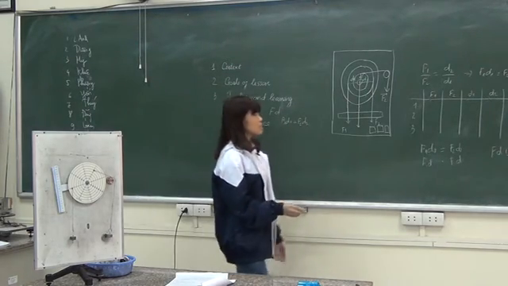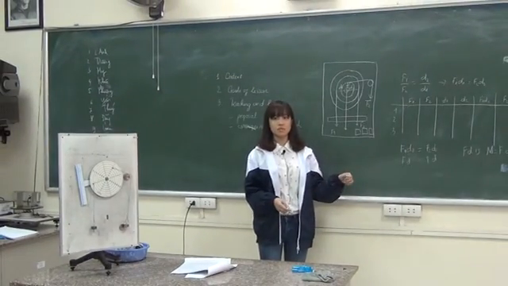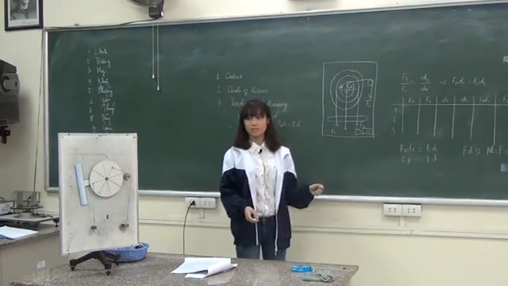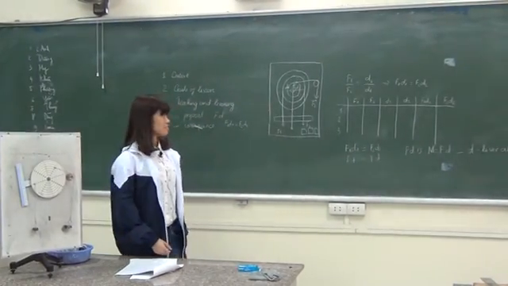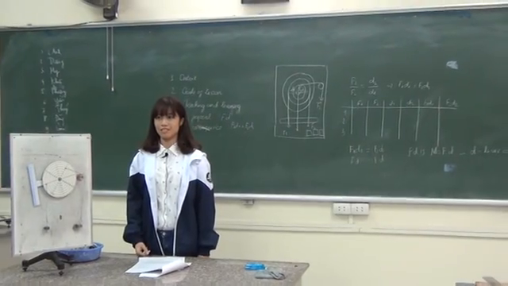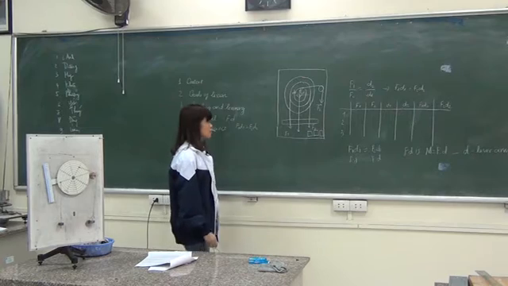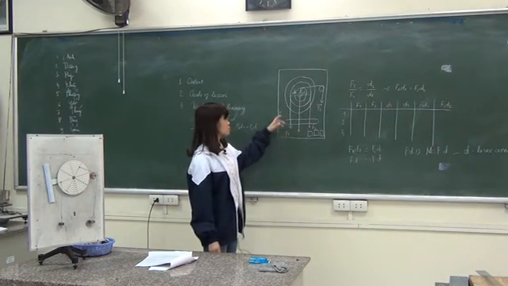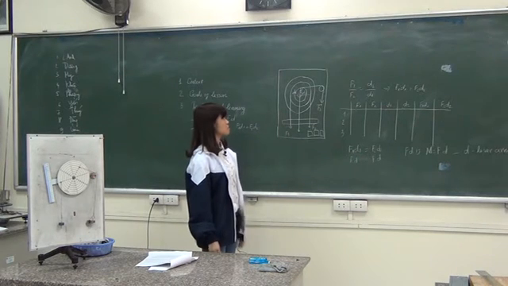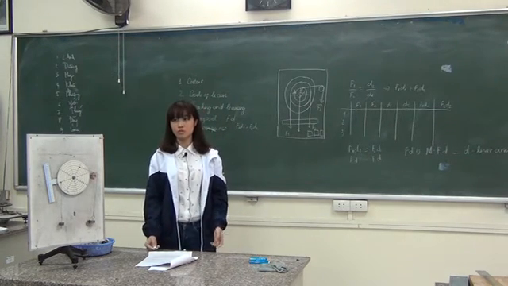Experiment. First, we need an object that can rotate. What is the consequence you want to verify with the experiment? Tell shortly, one sentence, two sentences. What is the consequence you want to test? The consequence to test is: if you act with two forces on two sides of the object, we have F1 and F2, and we must verify that F1 D1 is F2 D2.